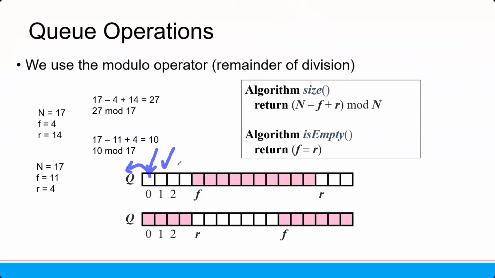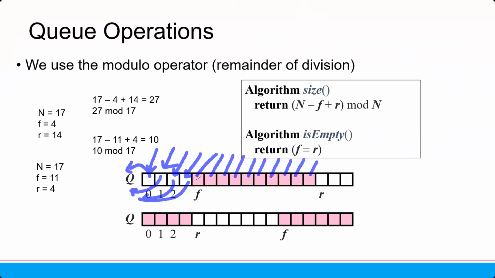There is an element in index 1, and then we dequeue it. We have another element, and then we remove that. We have another element, and so on.